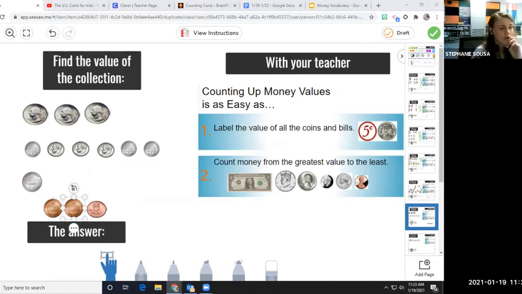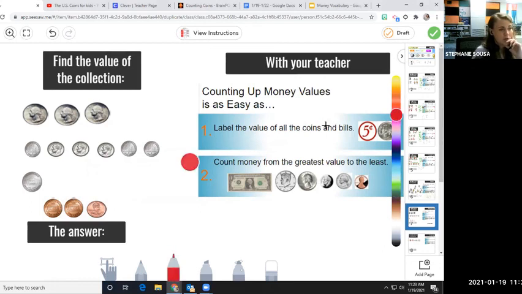Okay. So first up, as always, label the value of the coins. No bills, we're just doing coins. I have 3 quarters. Each quarter is worth 25 cents. You should be getting faster at labeling because you should start to be memorizing the values.